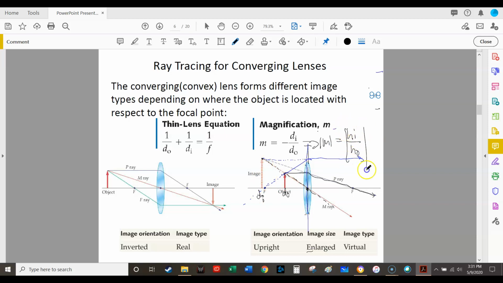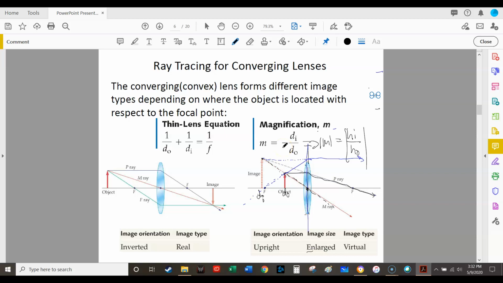If you do it this way with distances and multiply it by a negative number, it'll give you a negative or a positive. Negative meaning, if you work out the mathematics, it'll be upside down or right side up. Okay?